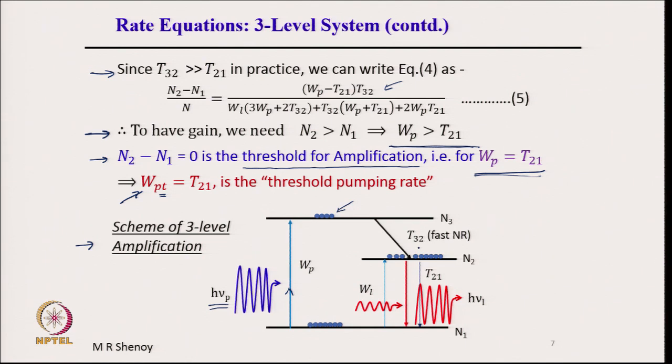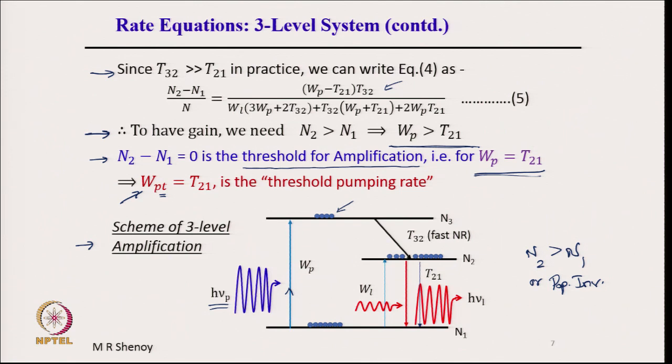If you pump sufficiently hard so that your pumping rate is greater than T21, then it is possible to have N2 greater than N1, which implies population inversion.